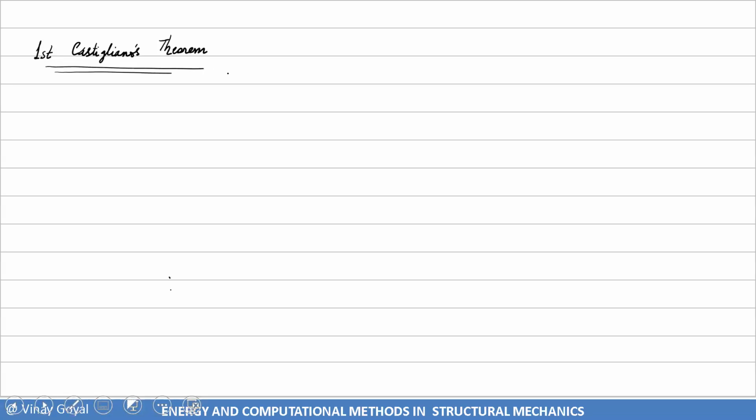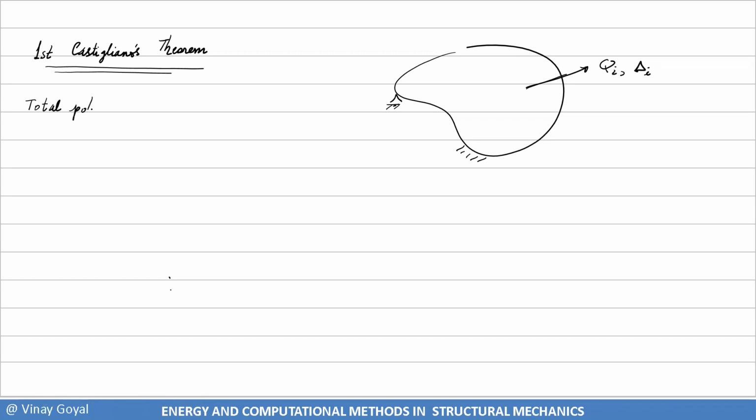And what the first Castigliano theorem says is if I have a body of material and it has some boundary condition somewhere, okay, and I apply a load Q, a particular like a point load Q, and there's a deflection associated with that load Q. It tells us that the total potential energy can be calculated. So you can calculate total potential energy for the system.